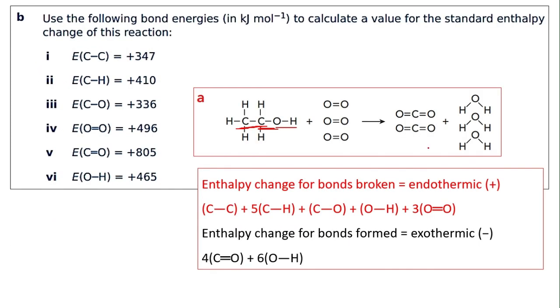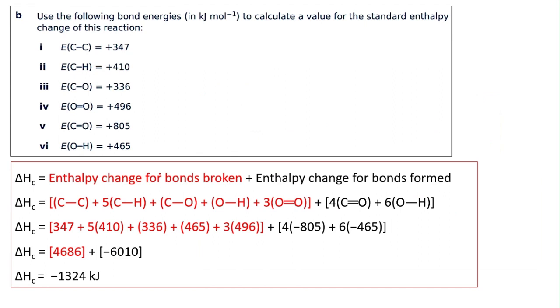Now you have to just add their values together. But remember, for bond breaking you will use the positive values, and for bond formation you will use these values with a negative sign because they are exothermic. So what will be our formula for delta H combustion? It will be equal to the enthalpy change for bond breaking plus the enthalpy change for bond formation. You can use two different colors so that there will be no chance of mistake.